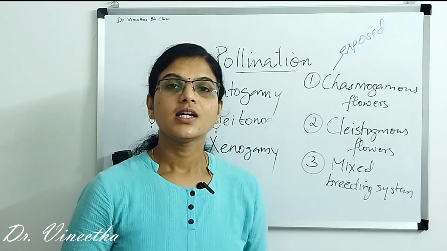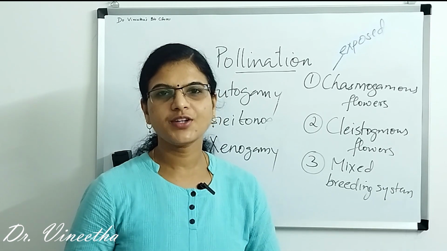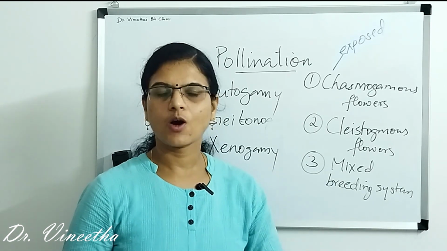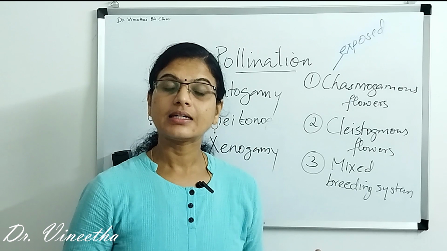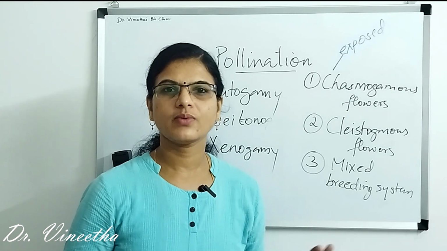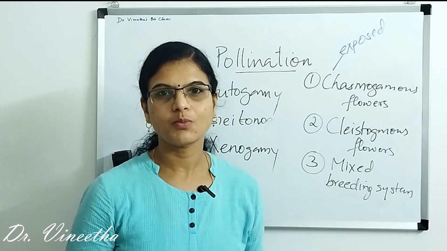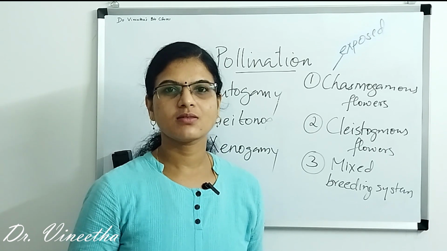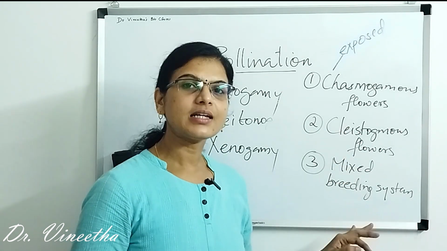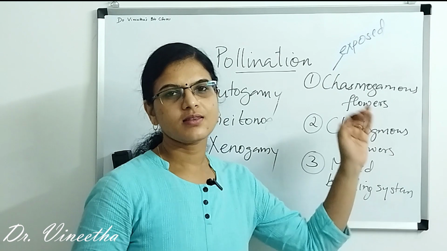So here the genetic diversity is assured and the seed formation is also assured, even under extreme conditions where the pollinators are not available. So these are the three types of breeding systems or the three types of flowers.